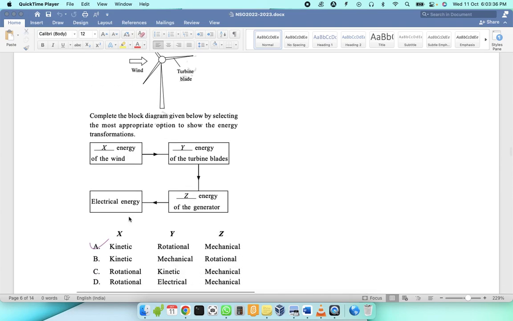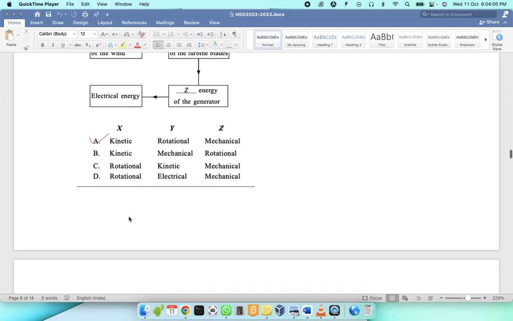So it is the kinetic energy of the wind, as it is the motion of the wind that gives energy. It is the rotational energy of the turbine blades, as the turbine blades have rotational motion and it gives off rotational energy. The mechanical energy of the generator, as the generator converts mechanical energy to electrical energy.